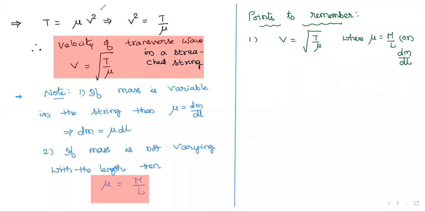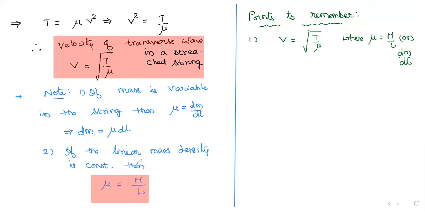Okay, better I write here: if the linear mass density is constant, to avoid the confusion, then mu is equal to m by l.